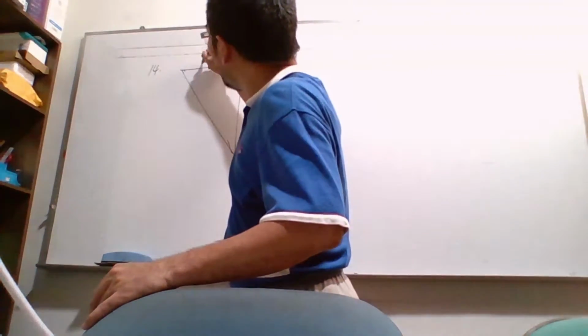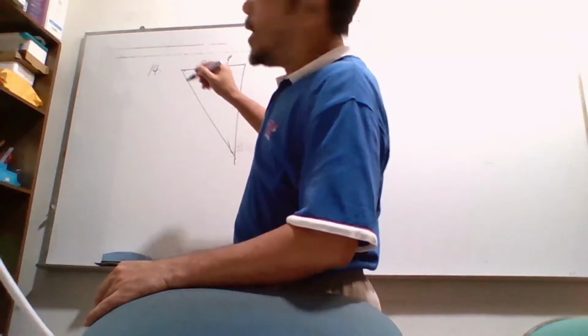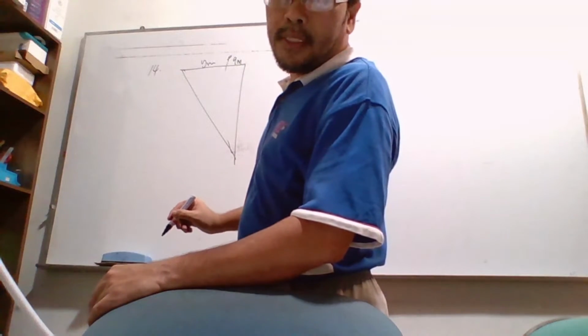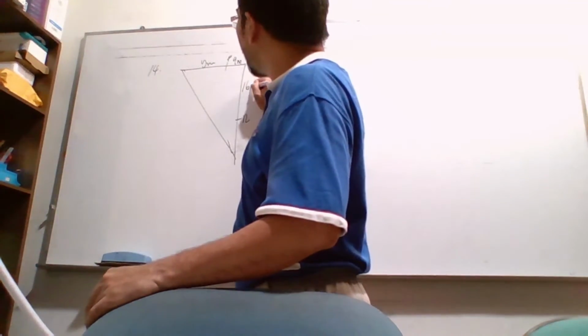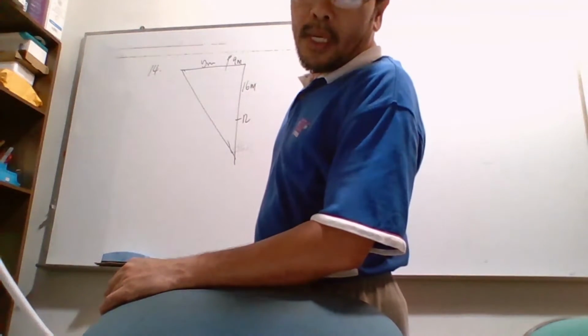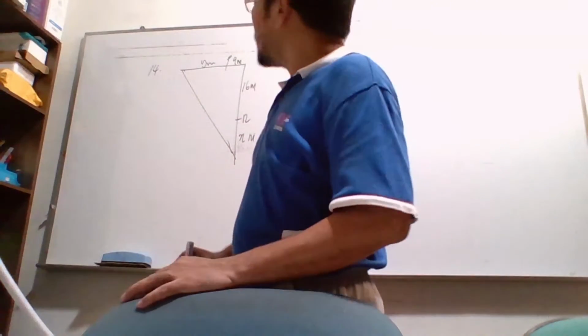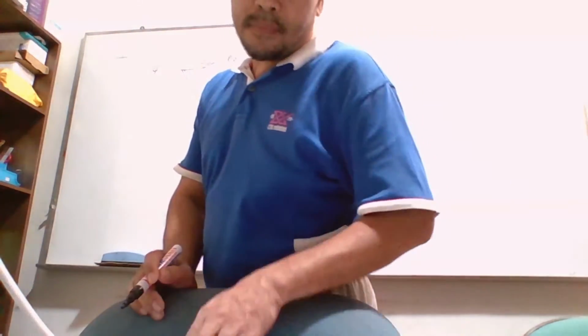Here is P, y meter, and PQ is 9, so this should be 9 meter. And this should be R, and this is 16 meter, and this is x meter. Okay, and then what are the info?